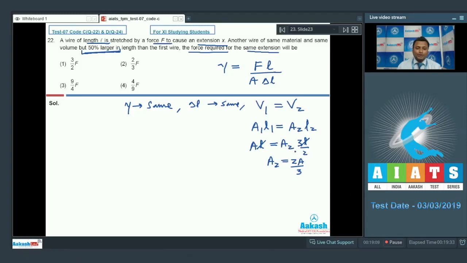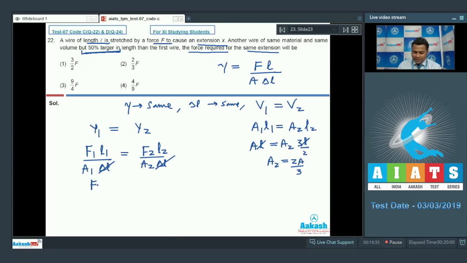Now since both Young's moduli are the same, Y1 equals Y2. Let's write the expression for Y1. Force F1, length L1, area A1, extension is the same, delta L. Force F2, length L2, area A2, and extension is the same, delta L. Cancel delta L and delta L. Put the values.